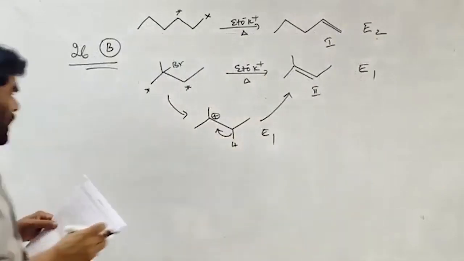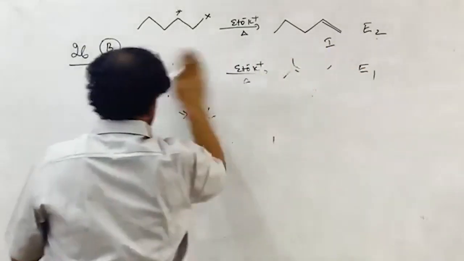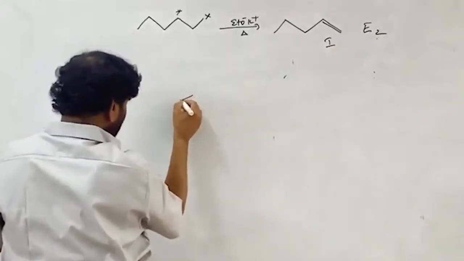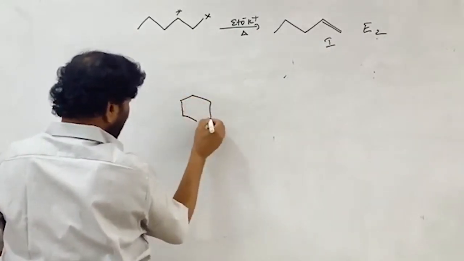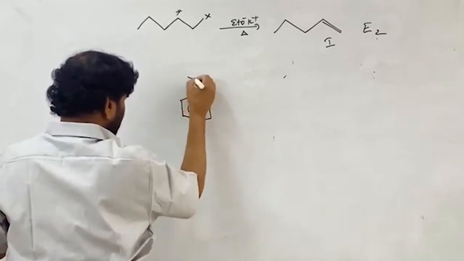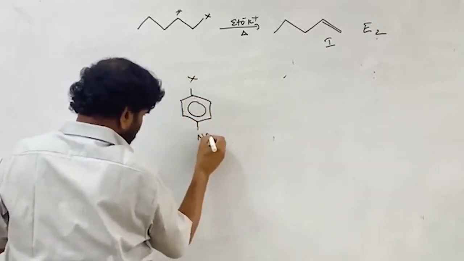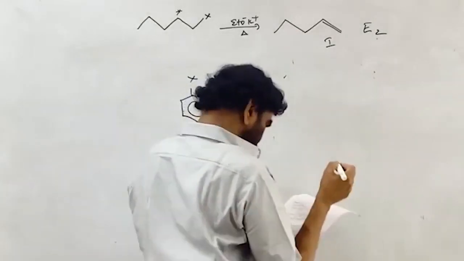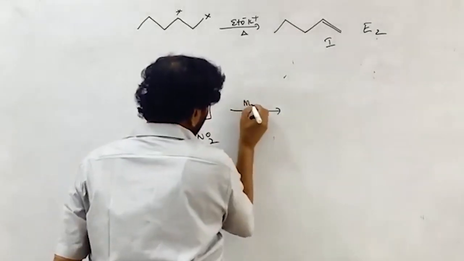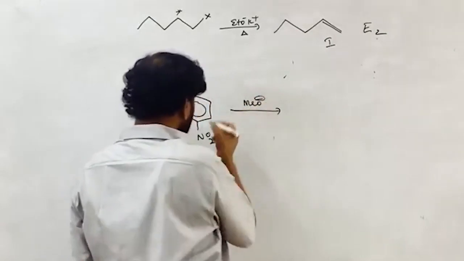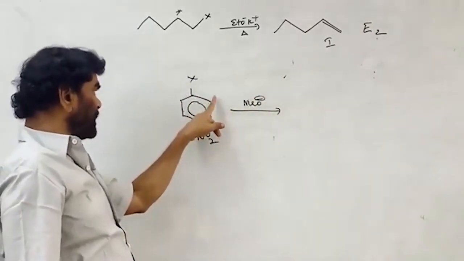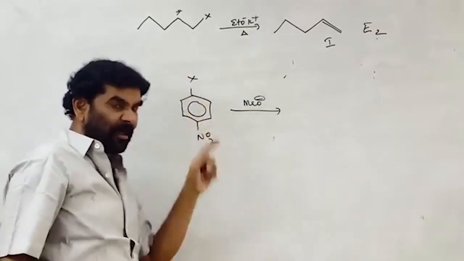And the next one is an aryl halide, the halobenzene. Normally aryl halides do not take part in nucleophilic substitution reactions, but aryl halides do take part in nucleophilic substitution reaction with MeO minus if an electron withdrawing -M group is present at the ortho and para positions with respect to the halogen.